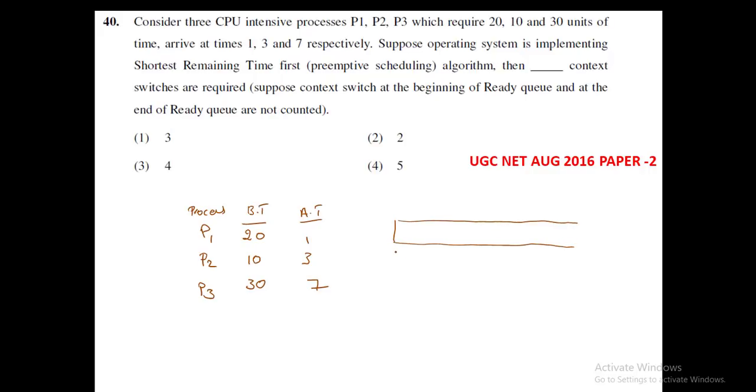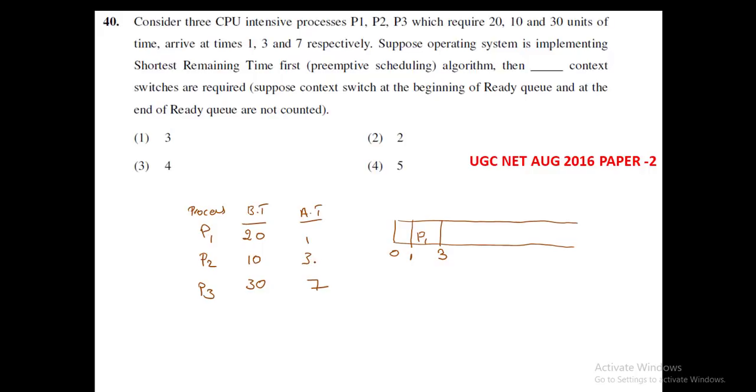At time t equal to 0, none of the processes has arrived. At time t equal to 1, the process P1 arrives. At time t equal to 3, the process P2 arrives, right?